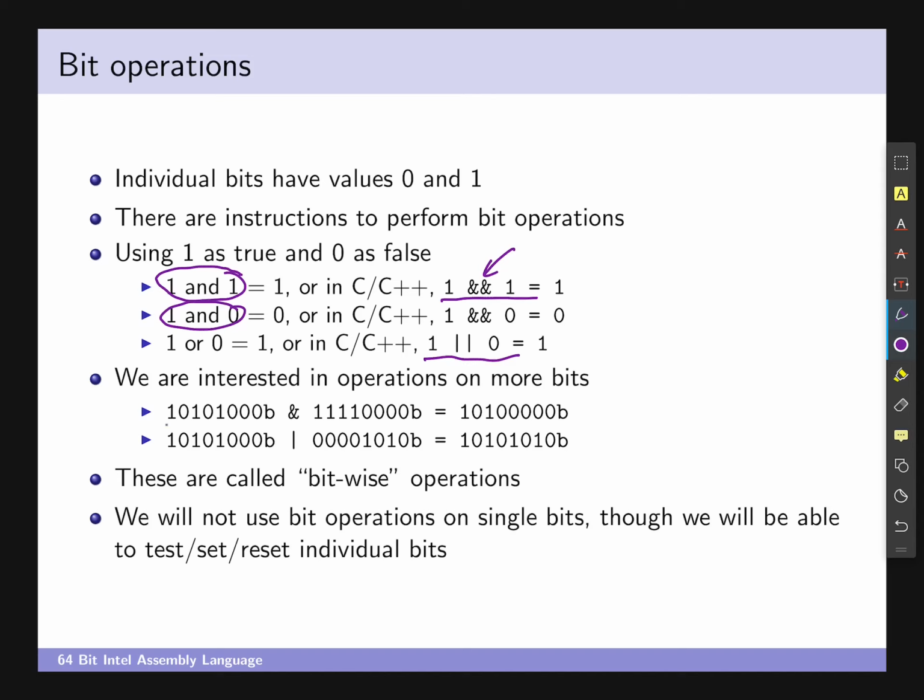However, we're actually more interested in the generalized version of this operation. So instead of working on 2 Boolean values, we rather work on 2 bit strings. So you'll see here we have an example where we have a left bit string and a right bit string. And by using this AND operation in C or C++, we are actually performing the logical operation at a bit level.